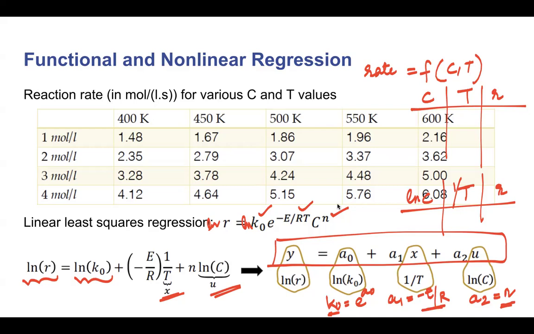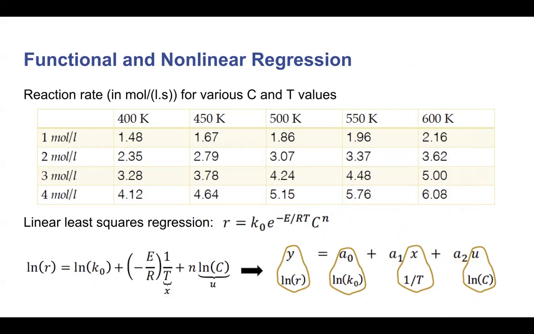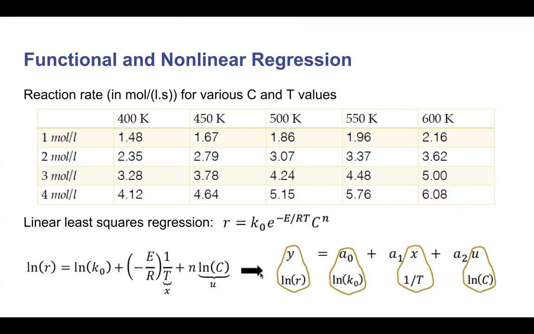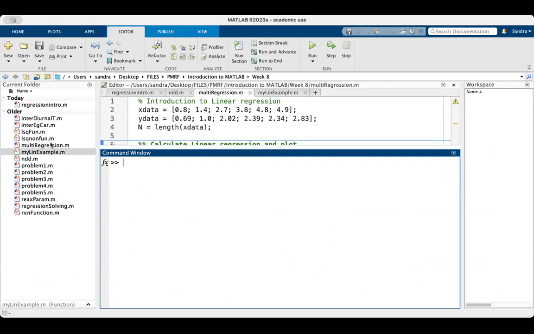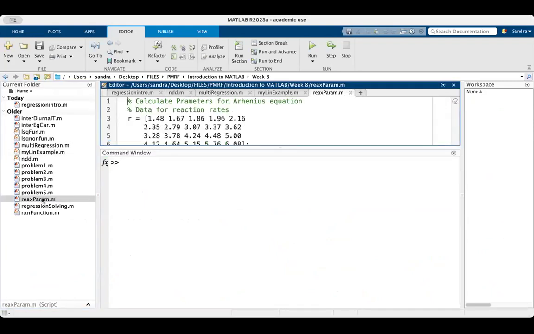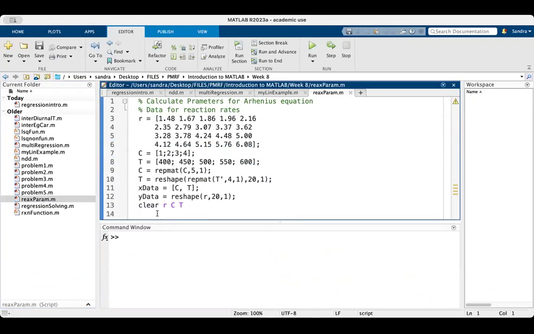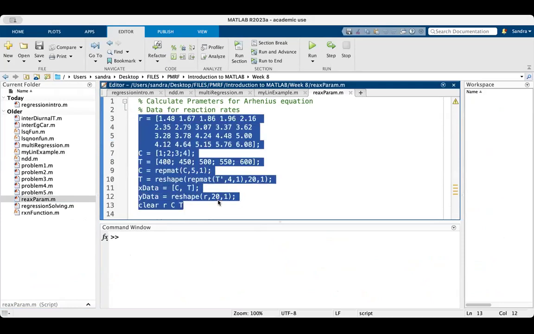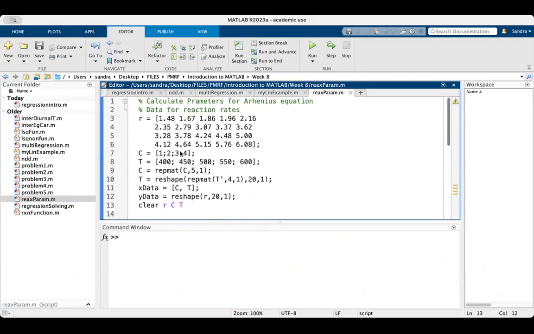Shall we try doing this right now? Okay, let's try to do this. The table has already been made, so you don't have to worry about that. I'll just tell you how the table looks.